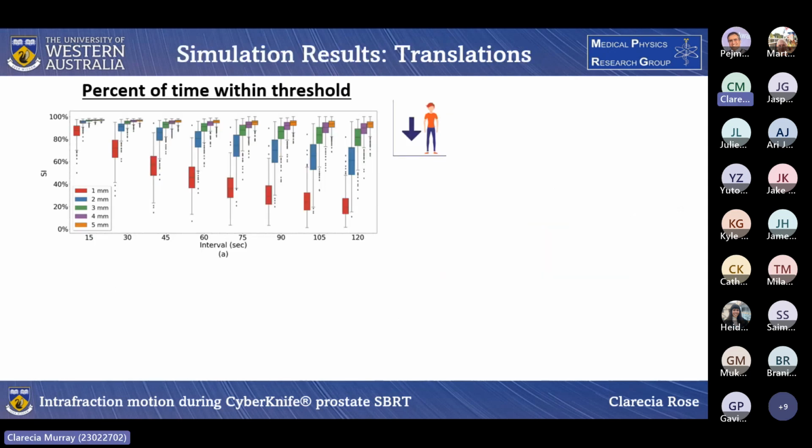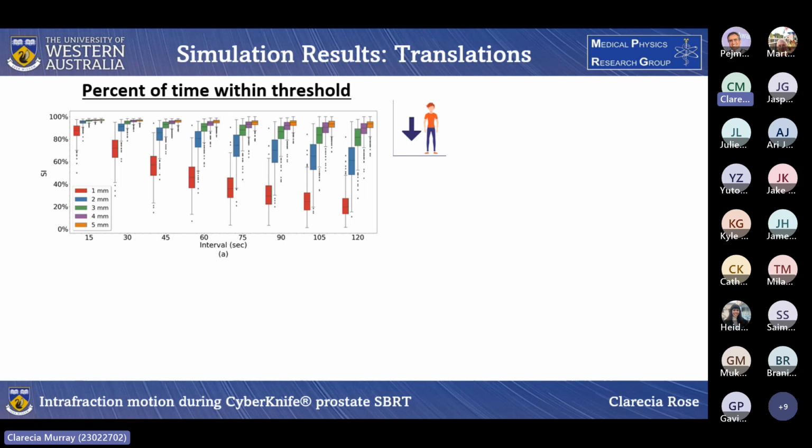So this is where the simulations were useful. We were able to look at the percent of time that a patient would likely spend within a given threshold based on the resampling of the data after taking the velocity and estimating vectors in between recorded positions. This was repeated for 1, 2, 3, 4 and 5 millimeter thresholds for all of the imaging intervals that you can see there on the x-axis.